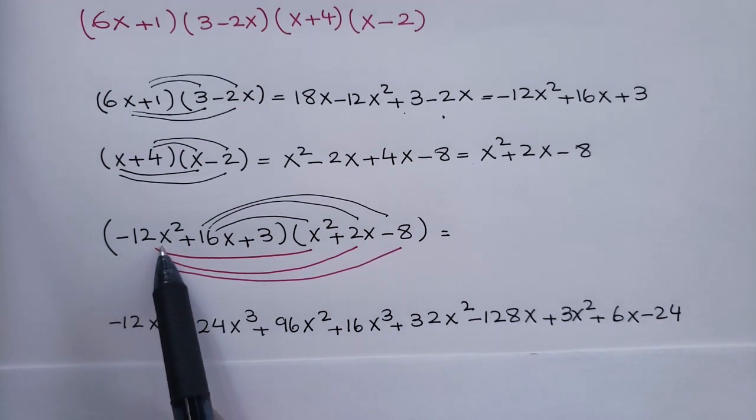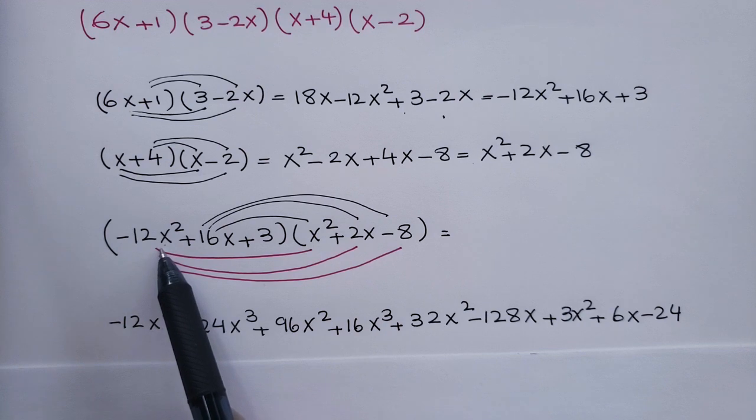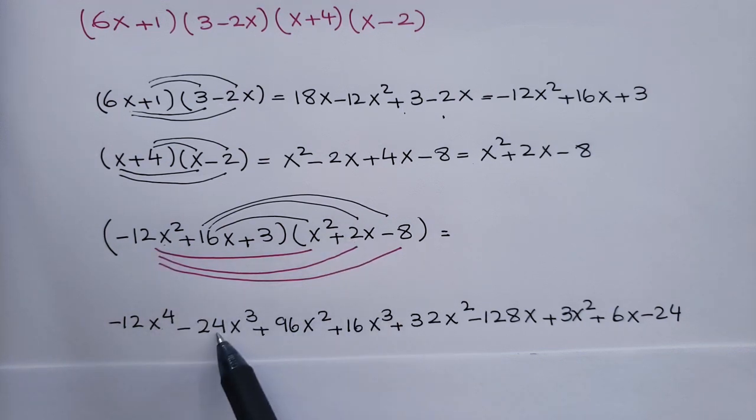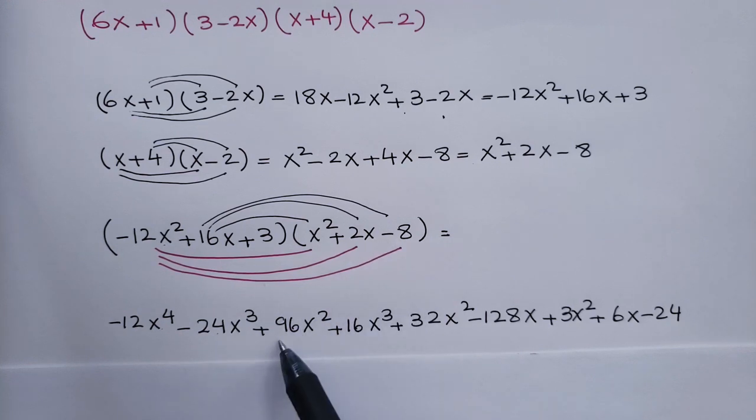So negative 12x squared times x squared, negative 12x squared times 2x, negative 12x squared times negative 8, which is plus 96x squared.